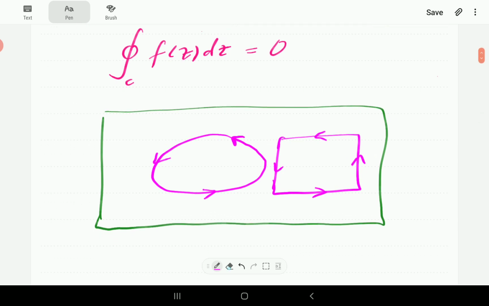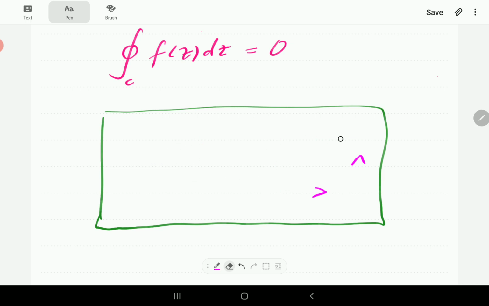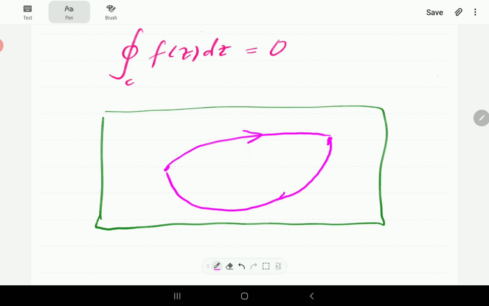Of course, this follows from what we saw earlier. We demonstrated via examples that if you have got any 2 points and your function is analytic, then the integral from one point to the other is exactly the same along one path as the integral along another path.